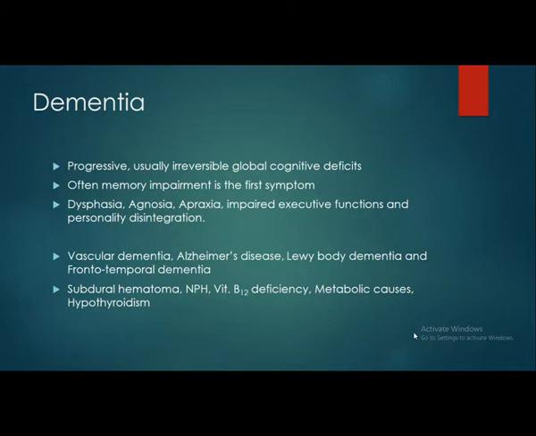However, there are certain other conditions in which the patient may present with features of dementia, but they are reversible causes, such as subdural hematoma, normal pressure hydrocephalus, vitamin B12 deficiency, metabolic causes, and hypothyroidism. In all those conditions, the patient may present with dementia.